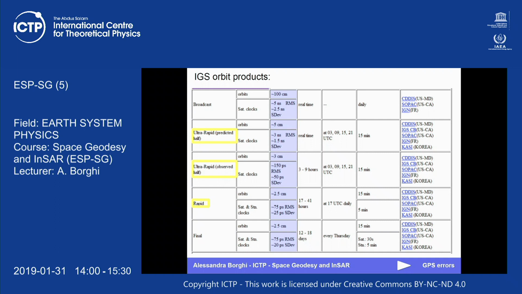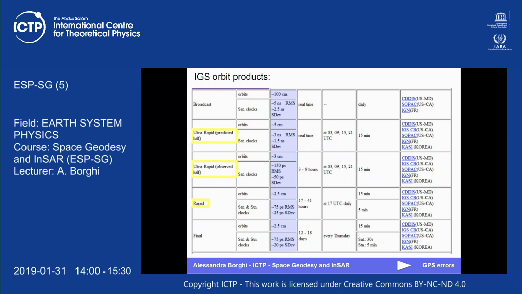This could be the address, sometimes it changes, but otherwise you can write in the website International GNSS Service and you arrive at the website of this service. And probably the precisions have improved. I didn't check if they updated this table, but these are all the products that they have.